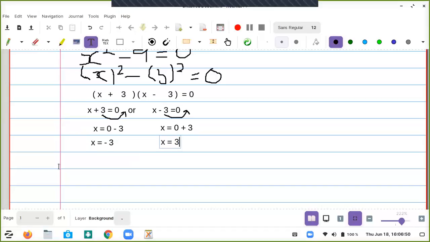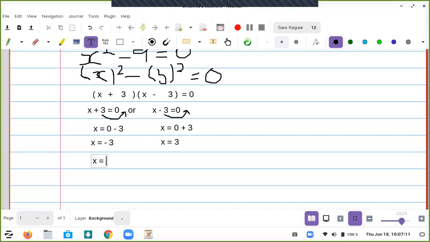Then I am now saying, the first one says x is equal to negative 3 or x is equal to what? 3, which means my solution set is now equal to what? Then it is x is equal to, I always start, or we are supposed to start, with the smaller or the smallest one.